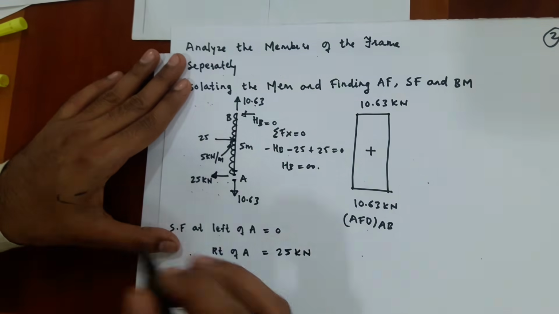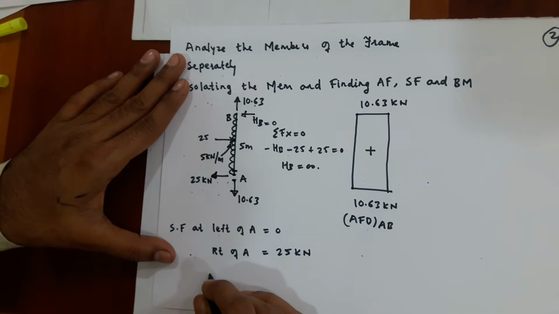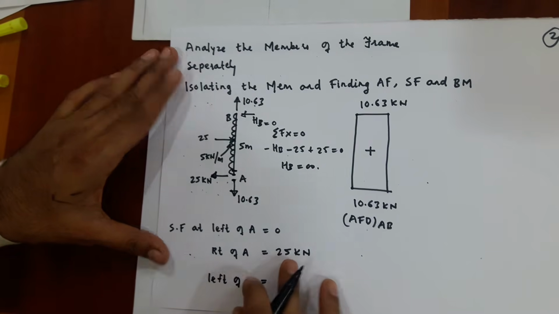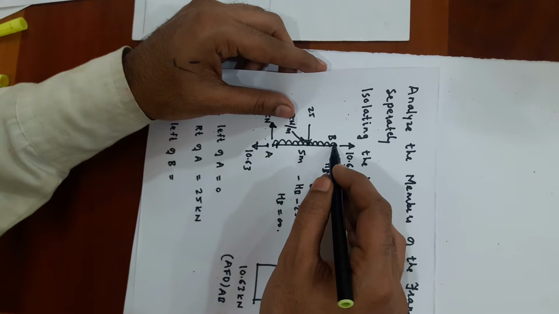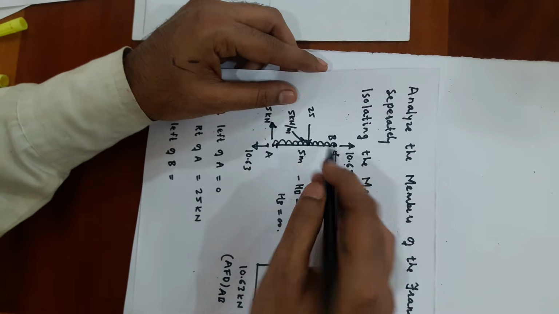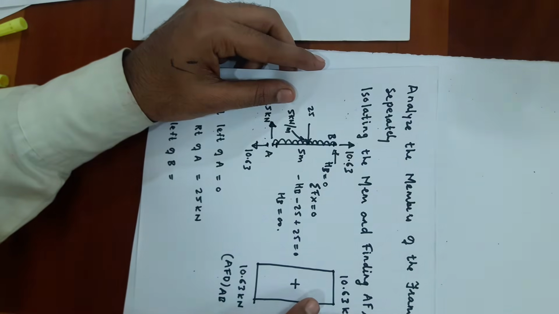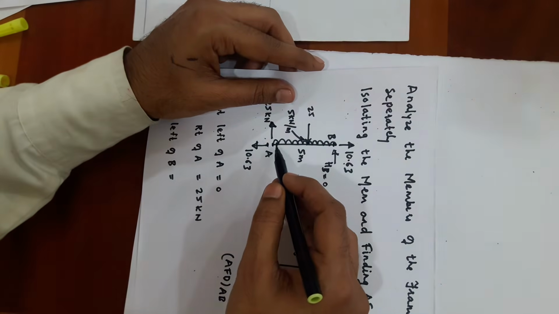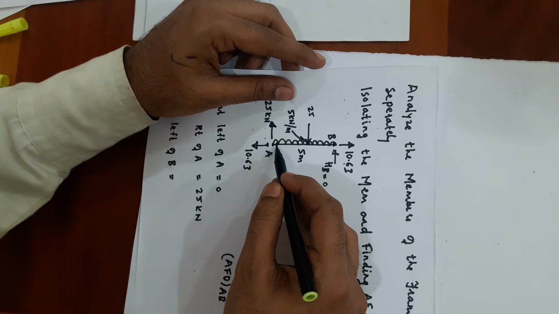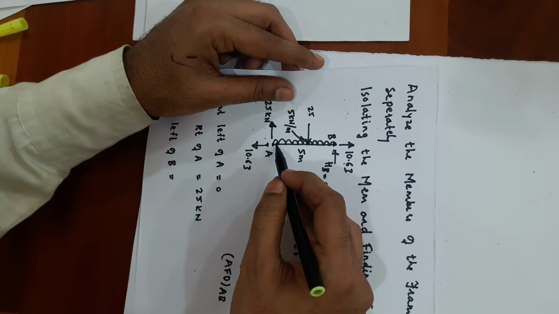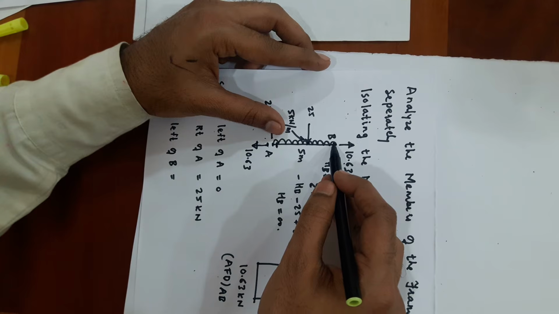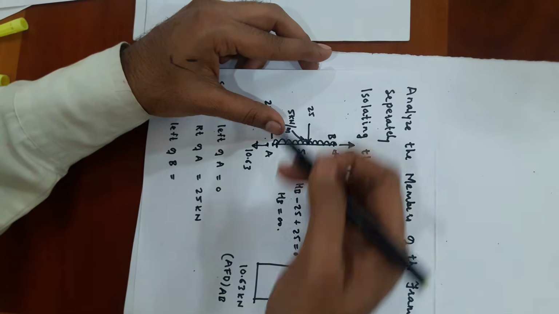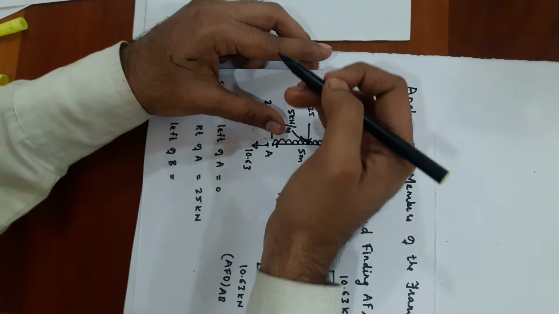The next point is point B, left of point B. You are going from right of A to left of B. The entire UDL is going downward. Shear force at right of point A is 25, and when you go to left of point B, the entire UDL is going downward. Minus 25 force is coming there.